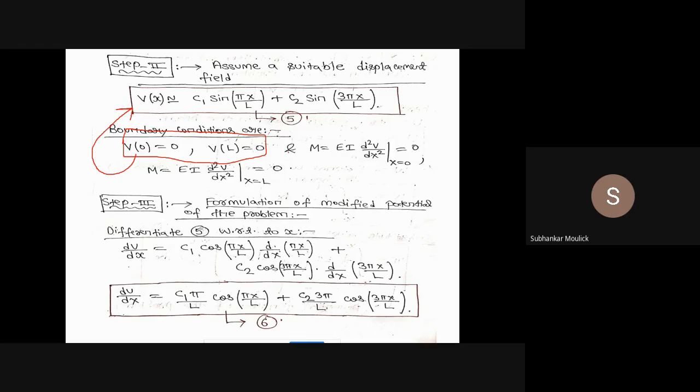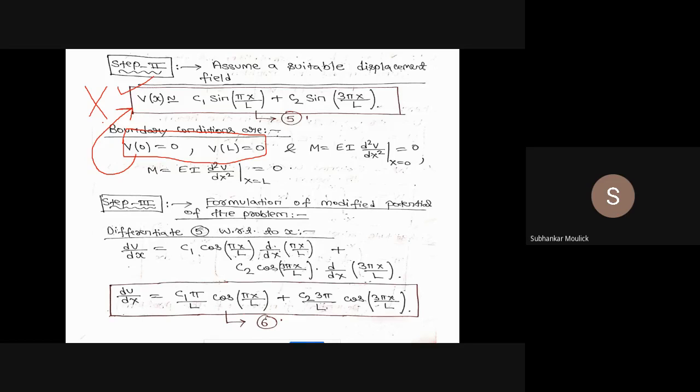Please let me know. If it is satisfied, that means I have chosen the correct displacement field for this problem. If it is not satisfied, that means the displacement field which I have chosen is wrong. Please check it.